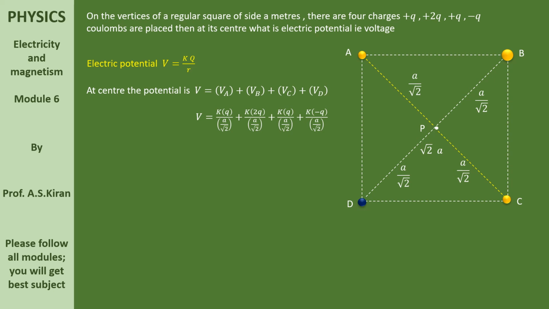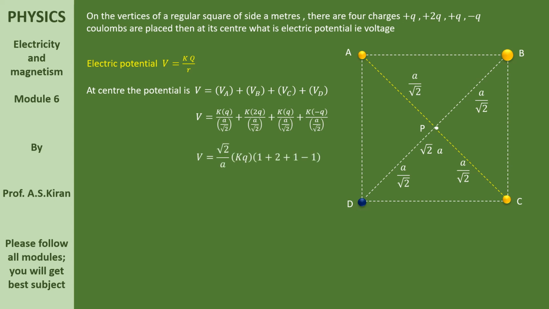That is k 2Q by A by root 2. Similarly, at C, what is charge? Q. kQ by A by root 2. At D, what is charge? Minus Q. Then the potential is k minus Q by A by root 2. That minus as it is you are supposed to take because it is a simple scalar summation.